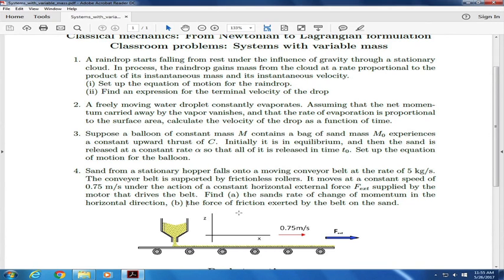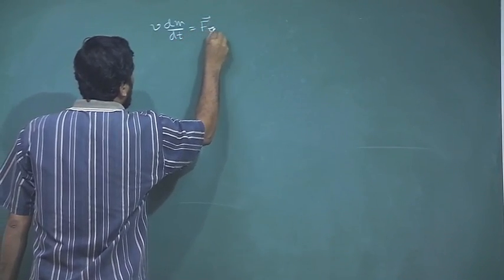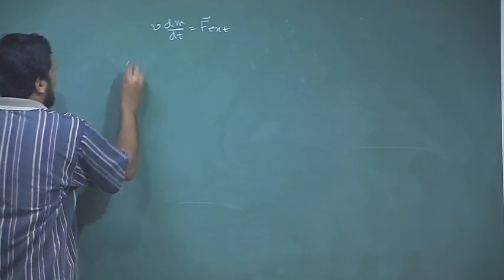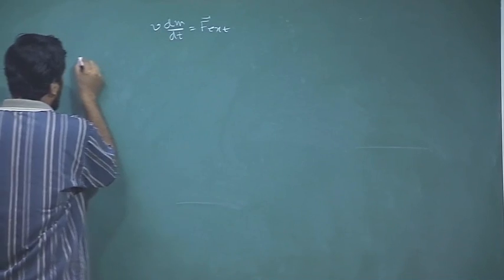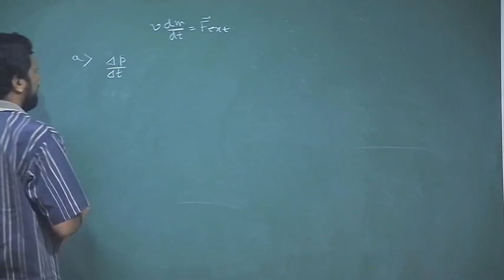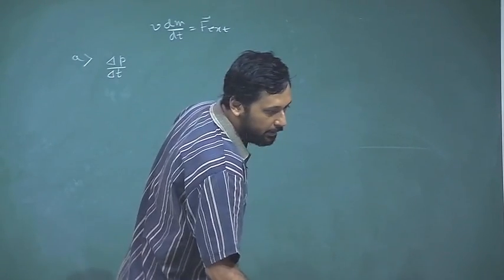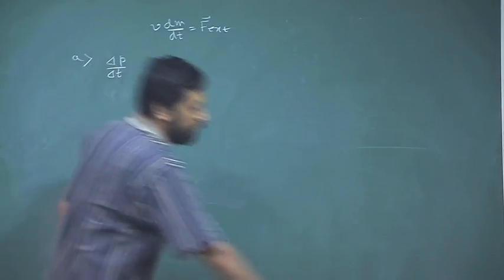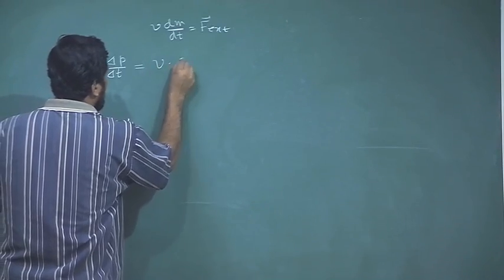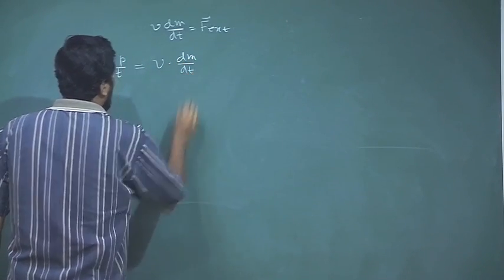Now, in order to do that, please recall that in this particular case, the equation of motion is given by V dm/dt is equal to F external. This was discussed in one of the previous classes. In part A, we have to calculate the rate of change of momentum, delta P by delta T, which in this particular case is V times dm/dt.